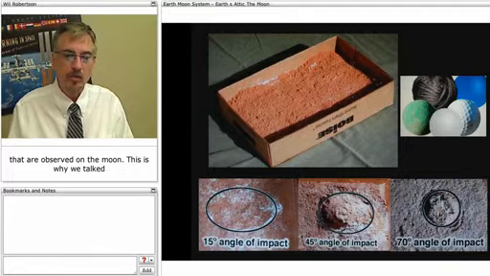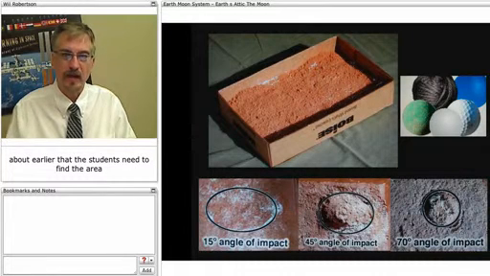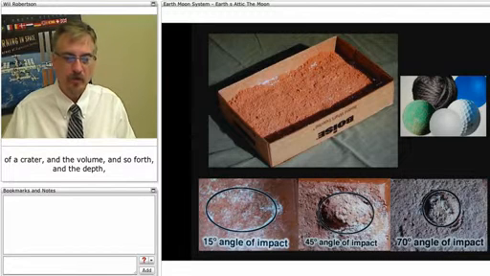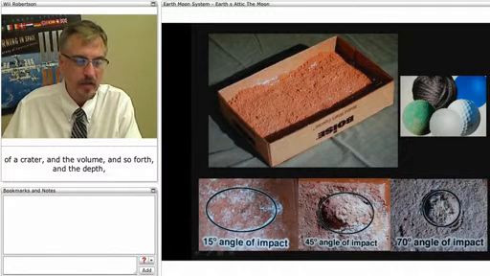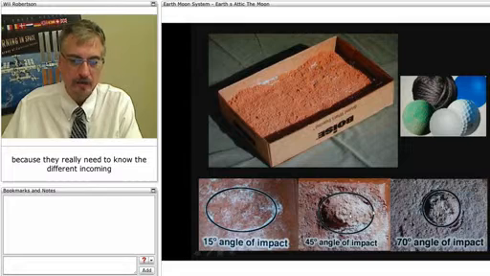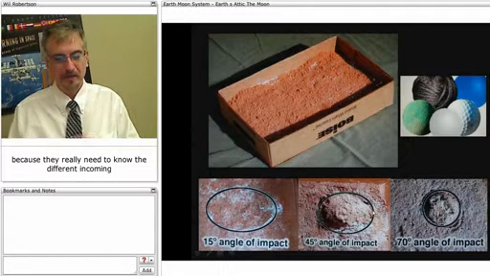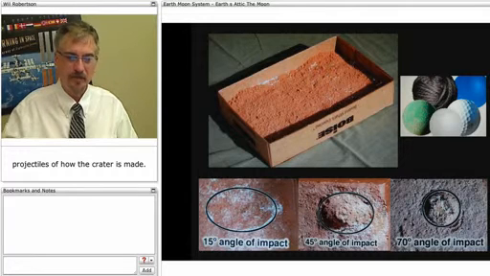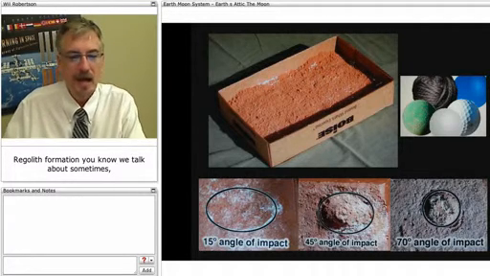And this is why we talked earlier about the students needing to find the area of a crater and the volume and the depth, because they really need to know how the different incoming projectiles make the crater.